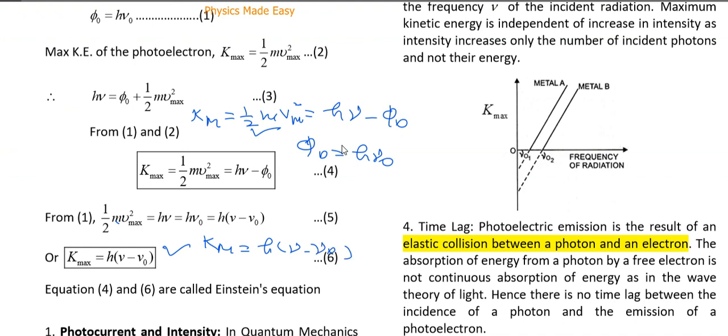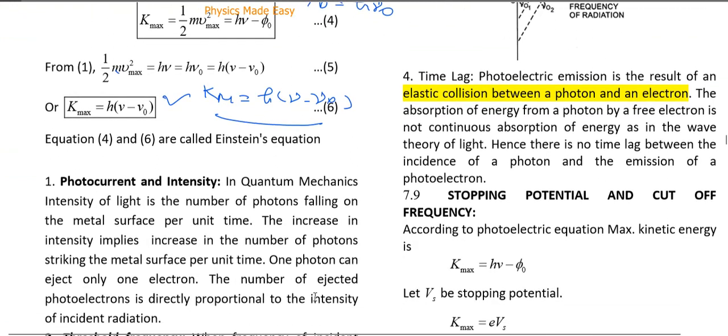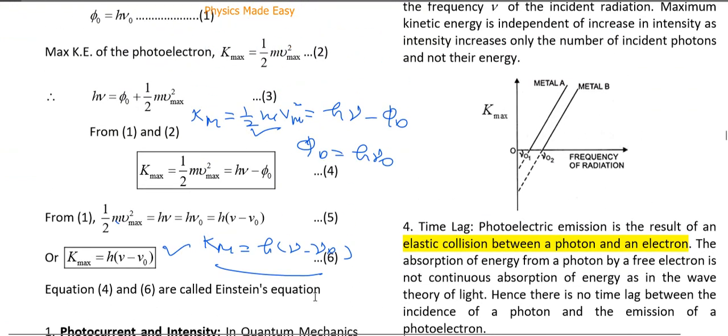Now this equation fundamentally gives us the concept of threshold frequency. How? If nu is less than nu naught, then K max is negative, which is not possible. Kinetic energy cannot be negative.